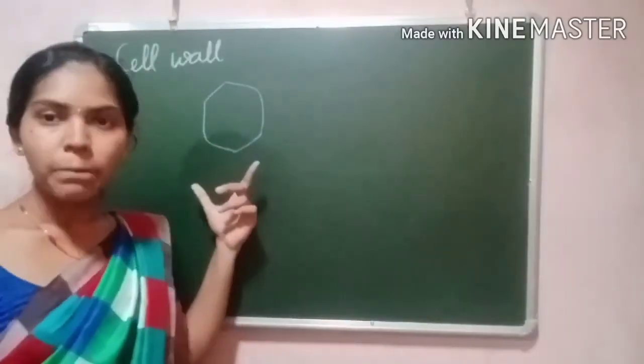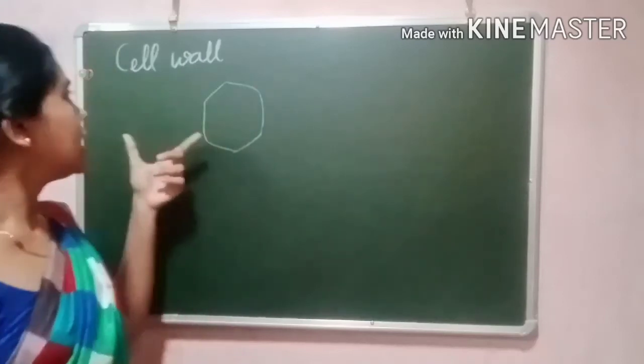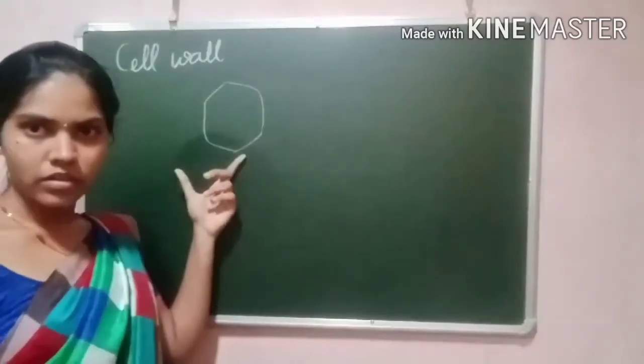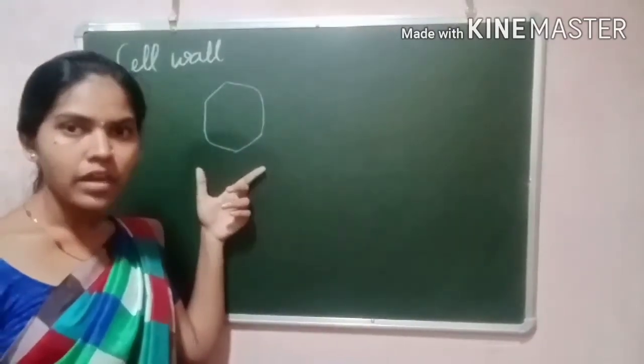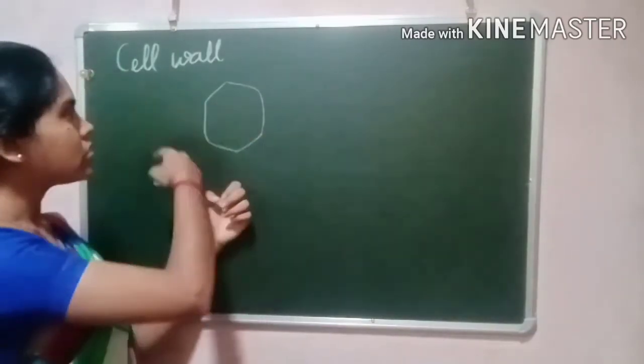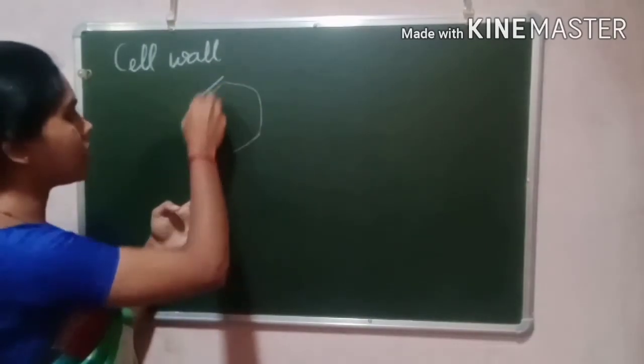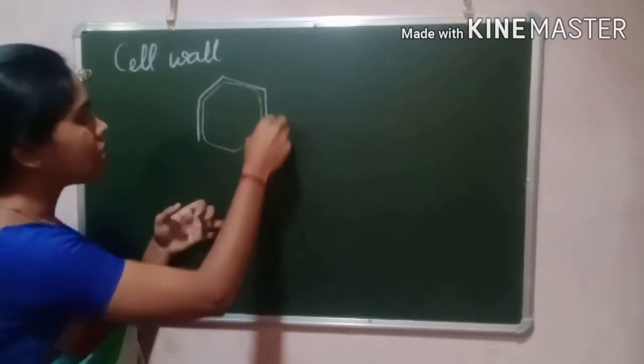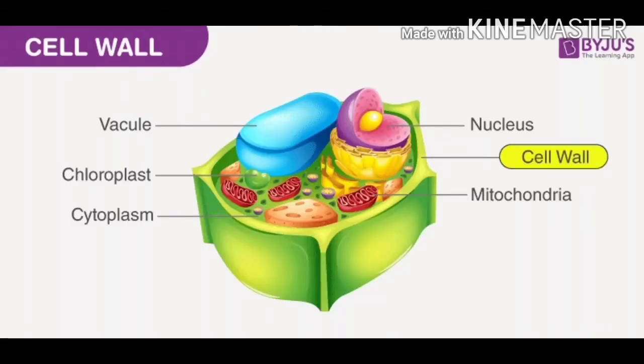Along with the plasma membrane, plants have the cell wall. The cell wall lies outside the plasma membrane.